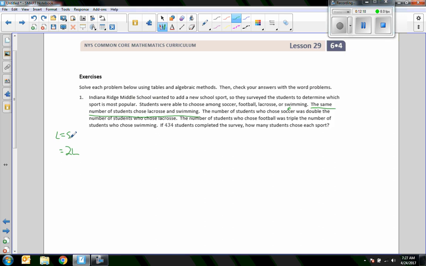Lacrosse, swimming. Let's just use R for soccer. Ends in R. And then football. The number of students who chose football was triple the number of students who chose swimming. So F equals 3S. This is just thinking on the side, getting this all set up.